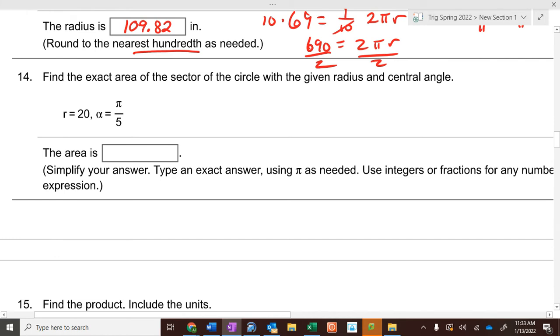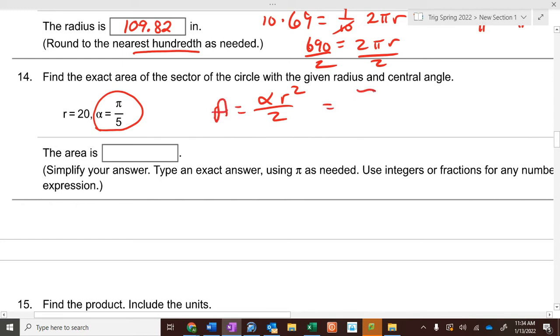Sector area. Is this geometry formula or trig formula? Trig formula, because we're given the arc or the angle in radians. So the trig formula for sector area is the angle times r squared divided by 2.